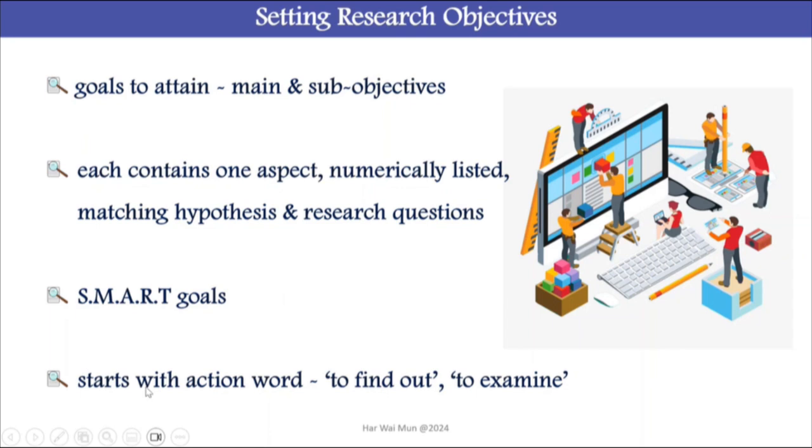And then, of course, when you formulate your objective, you should start with an action word: to find out, to examine, to analyze, right? Or to determine. If you are familiar with Bloom's taxonomy, it is preferable to use C4 and above for your objective. That means analyze, synthesis, right? Mostly C4 will be enough. Analyze, to examine, to determine.